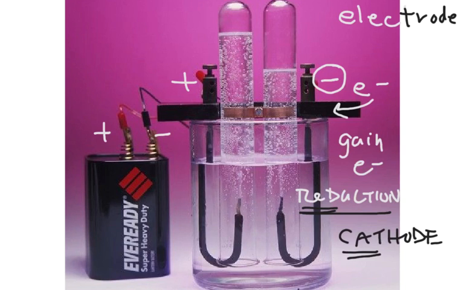In the same way that the positive wire is positive because the electrons have been pumped away from the wire back into the battery, if a chemical comes in contact with the positive side, it is going to lose electrons.